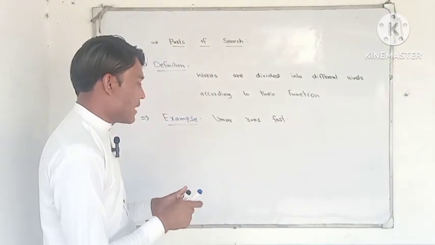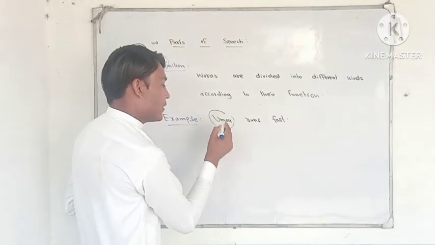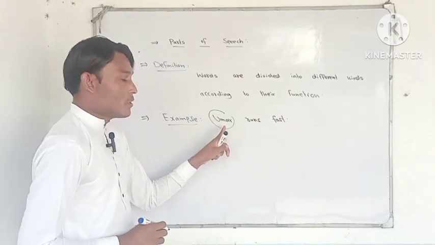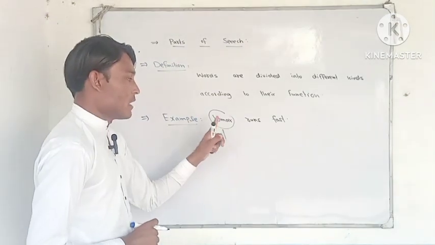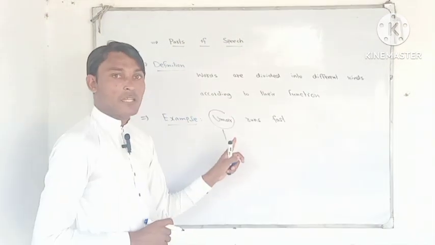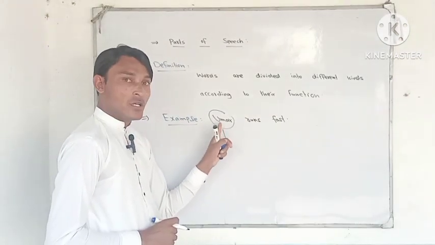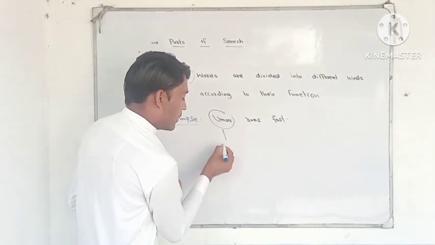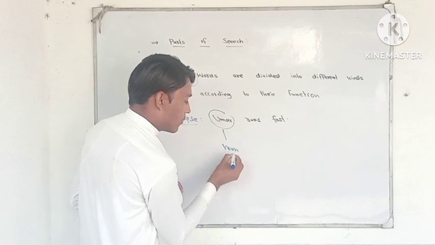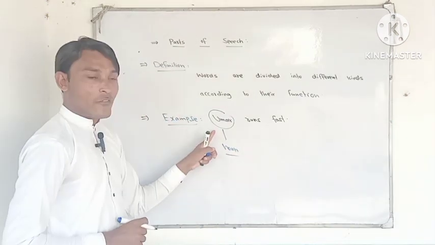The first word is actually called the noun. The word Omar is present in the place of subject, but what is the function of this word? Omar is actually called a noun.